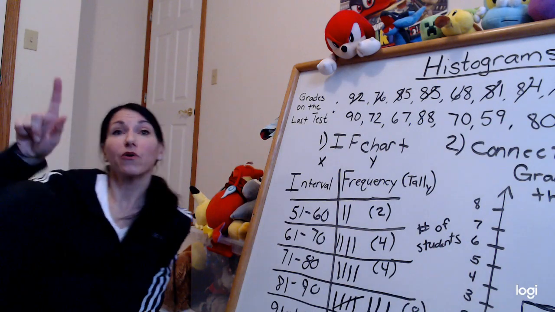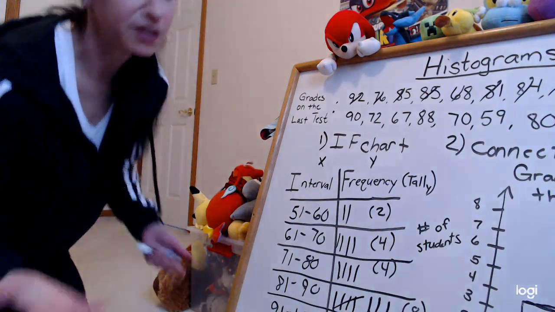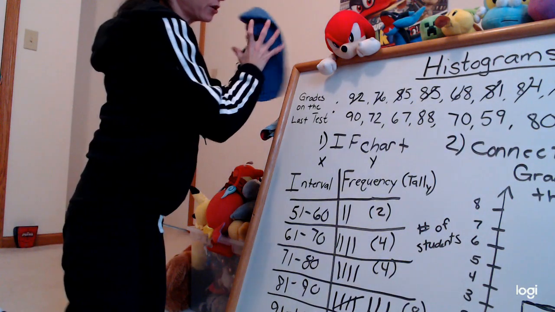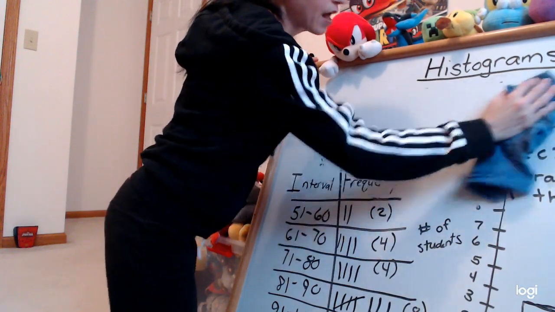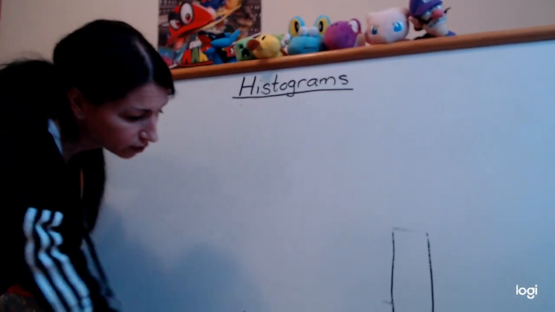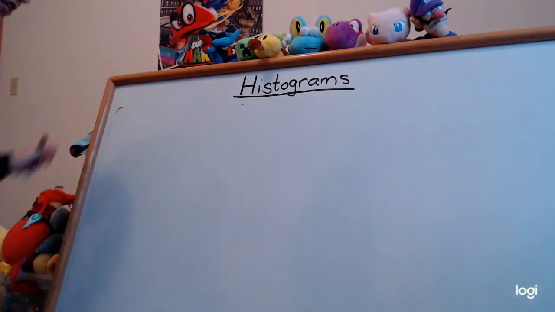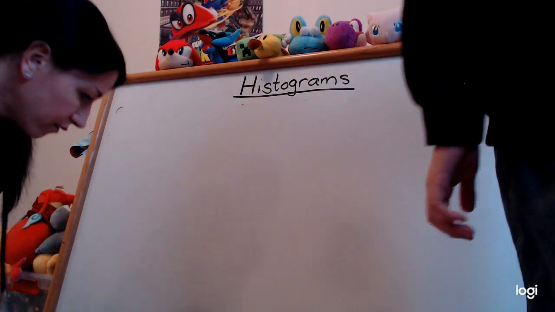Okay. I want to do one more with you because practice makes perfect. So I need my eraser. And this time we're not going to do grades. If we were at school, I would make... Oh! Knuckles had a fall. Okay, I'll pick them up. And Mudkip did too, so I am now... Oh, geez, I'm losing my class. I'm going to have to fill out some accident reports when this is over.